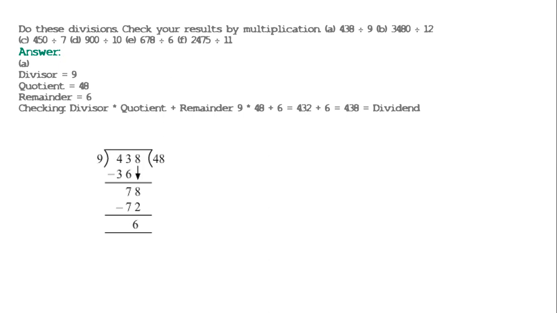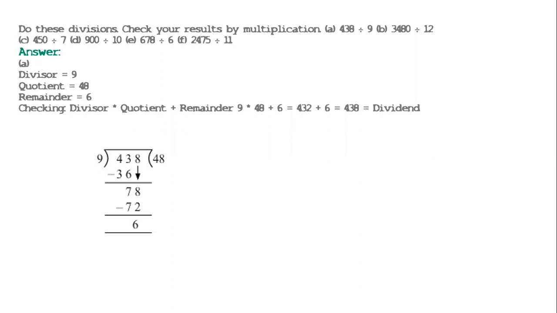See, in division there is always a division algorithm. When you divide a number by a number, the big number is called the dividend. The number by which you are dividing is called the divisor. Whatever you are getting here is called the quotient. Whatever balance you are getting is called the remainder.